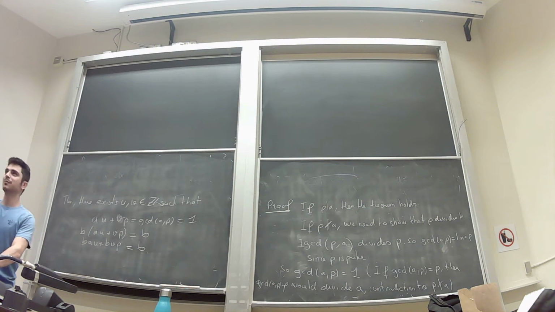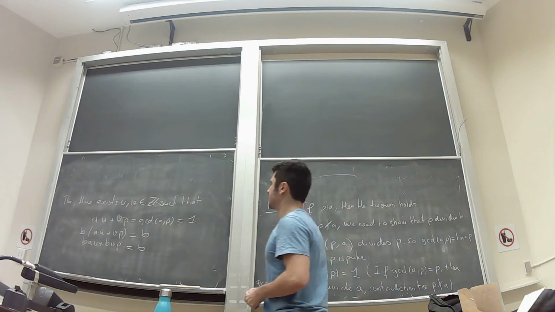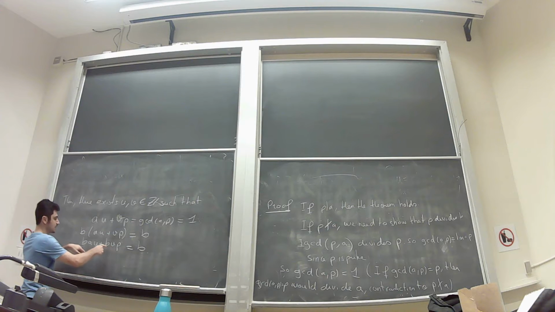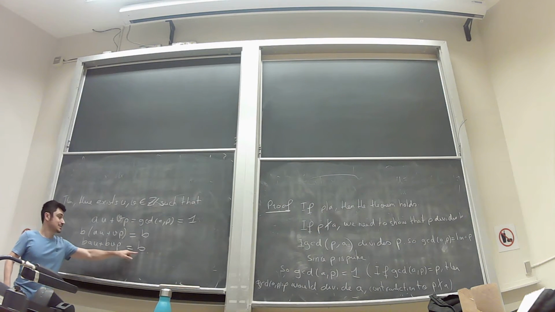It's a good approach, but there's an easier way. It's a very good way of thinking. Okay, now you say that the GCD of B and P is equal to B, but it doesn't say that.